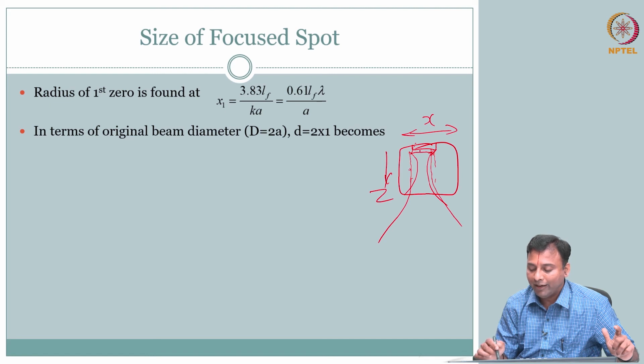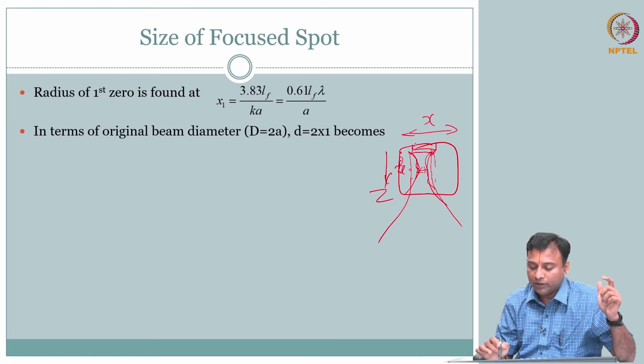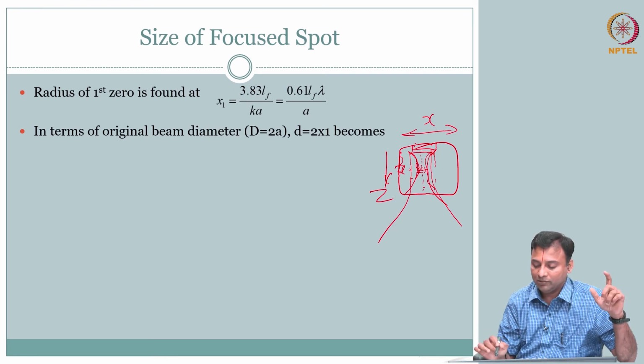So what we did is we have a lens now which reduces the width as small as possible. At the focal length F_L we will have the shortest width, which will be D. Because of the geometry, x1 was only one direction, so 2 times x1 is your width.